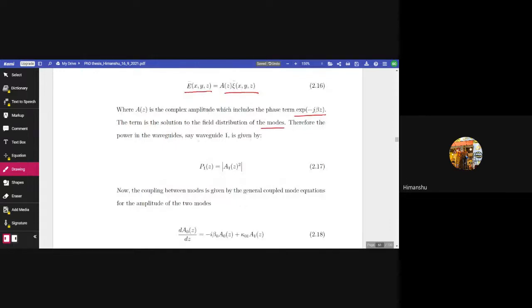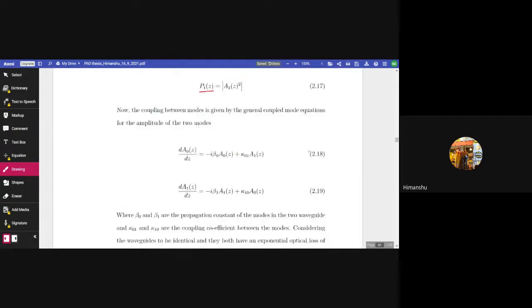Therefore, the power in a waveguide, say waveguide 1, is given by P1(z) equals |A1(z)| squared. Now, the coupling between modes is given by the general coupled mode equations for the amplitudes of the two modes, that is, dA0/dz equals minus j beta0 A0(z) plus k01 A1(z).